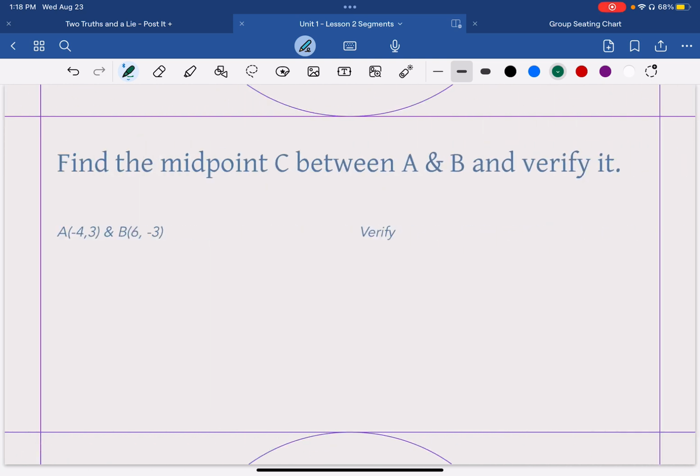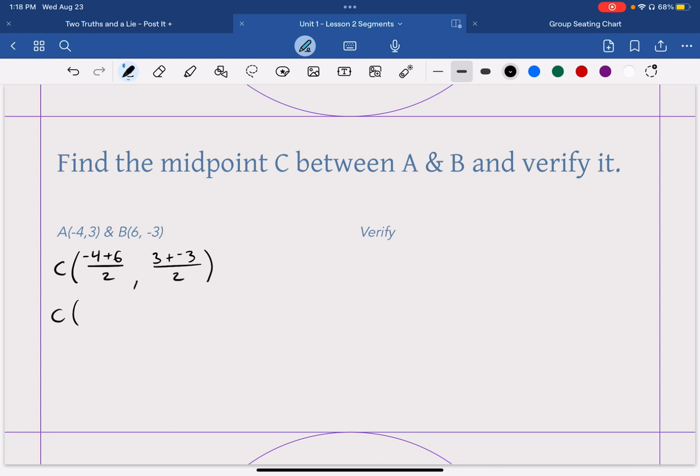So let's find the midpoint between A and B and verify it, okay? This is going to take just a little bit of time, but let's call the midpoint C. So C is going to have the average of the x's, negative 4 plus 6, divided by 2, with the average of the y's, 3 plus negative 3 all over 2.